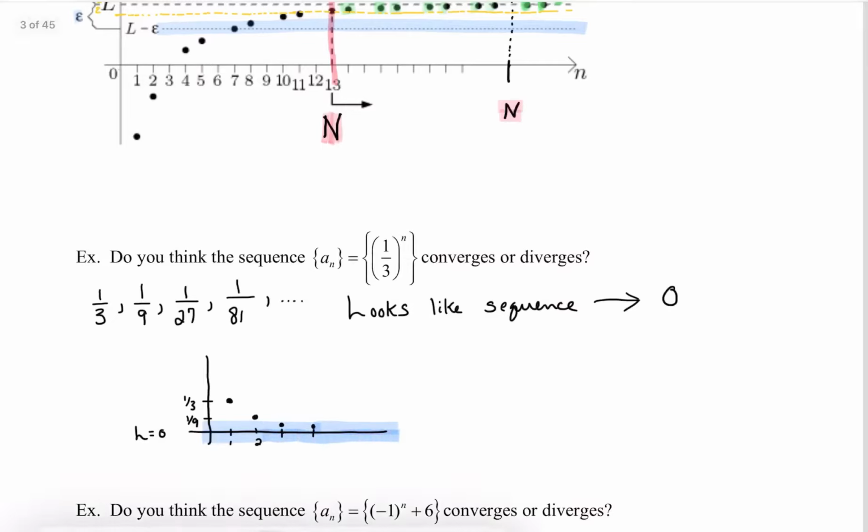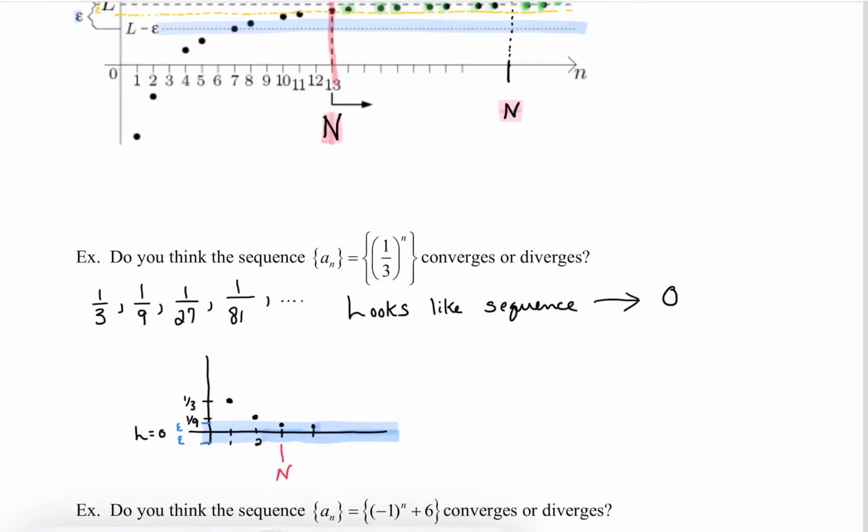So suppose this is my value of epsilon. It looks like there is some point here, some capital N, maybe this is at 3 or something.